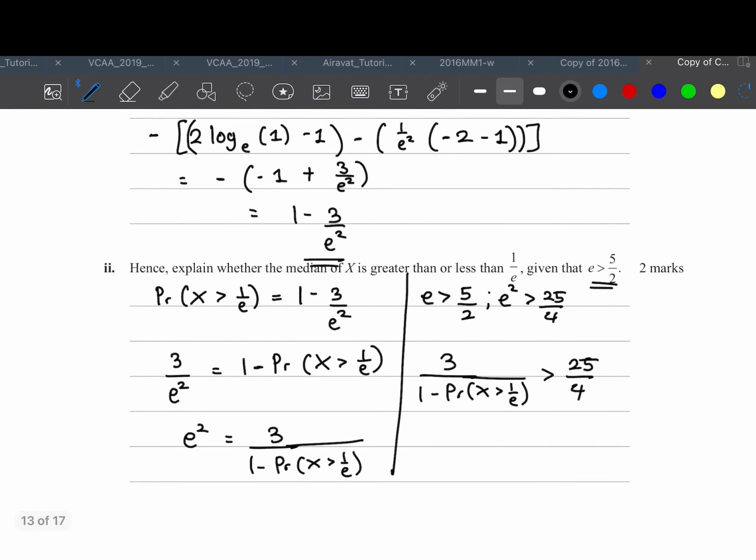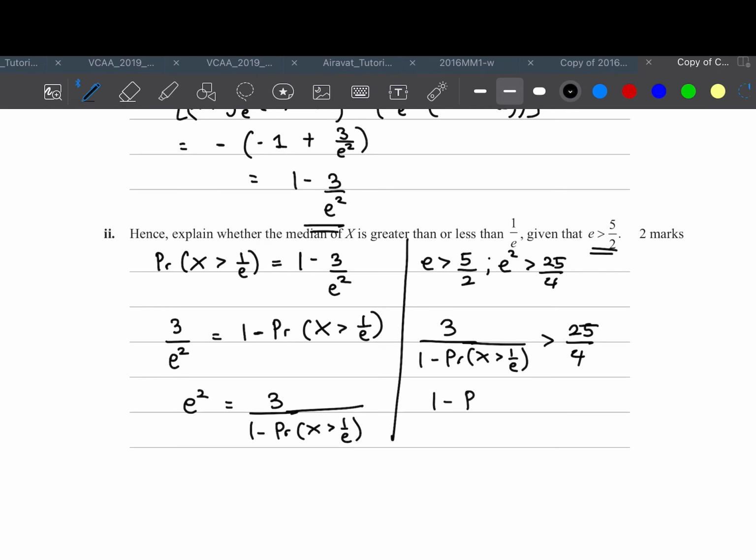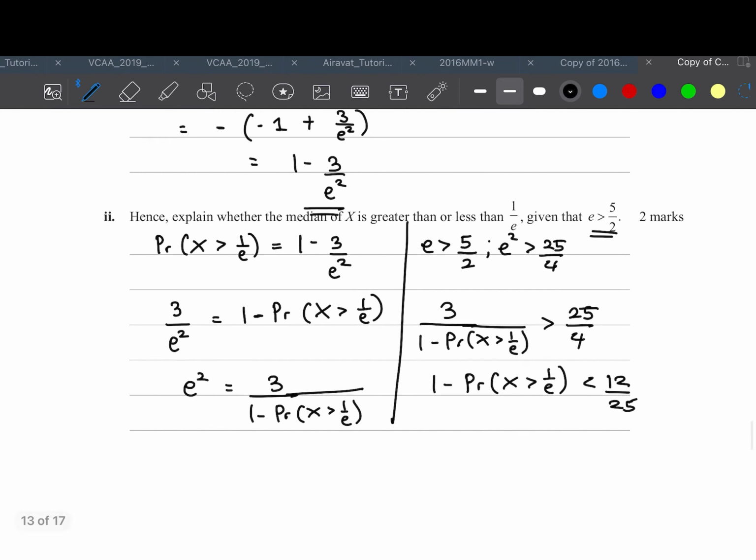So meaning now we can say that 1 minus the probability of x greater than 1 on e is going to be less than 12 on 25. So the probability of x being greater than 1 on e is going to be greater than 13 on 25.